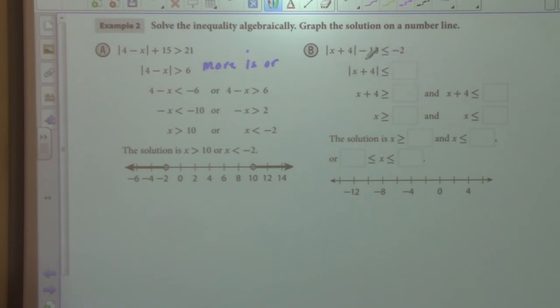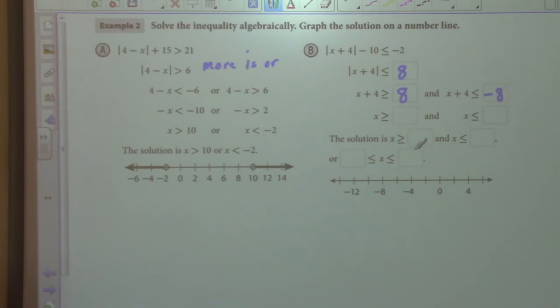What do we do here? Add 10. So what's -2 plus 10? 8. And then we have x plus 4 is greater than or equal to 8 and less than or equal to -8.